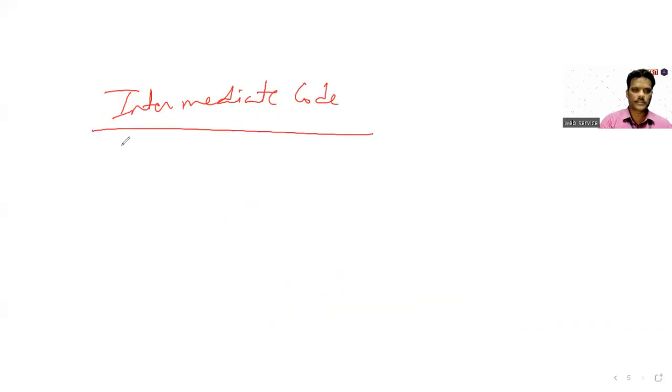And the next one is intermediate code. Here the intermediate code always represents three address code. Suppose, for example, C equals A plus B star 20.